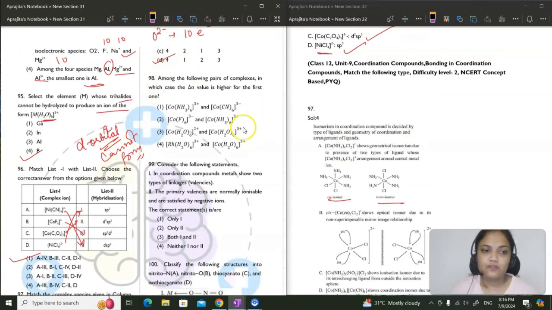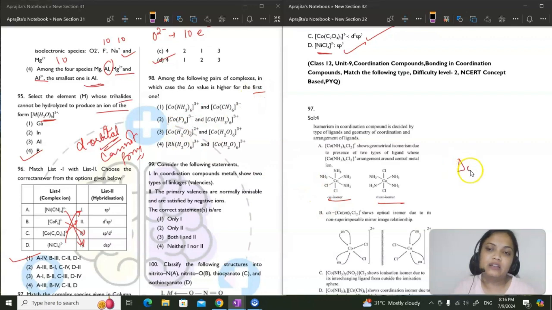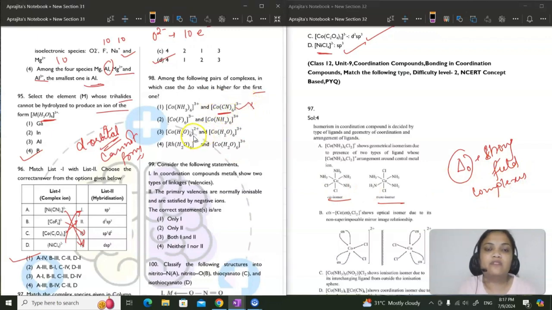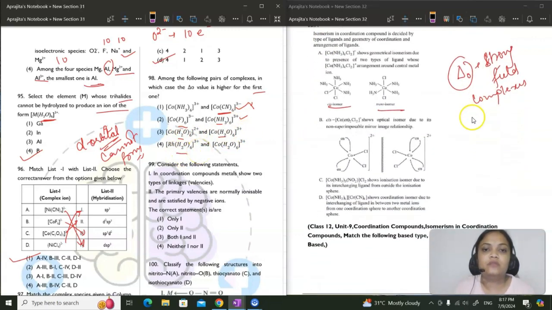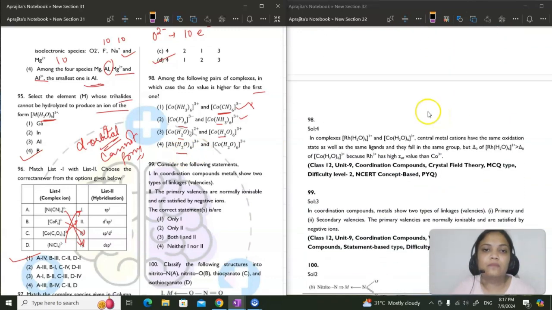Among the following pairs of complexes, in which case is the delta naught value higher for the first one? You know that higher crystal field splitting is for the strong field complexes. Out of ammonia and cyanide, cyanide is strong field, so it will have the higher value. Out of fluoride and ammonia, ammonia is the stronger field ligand.